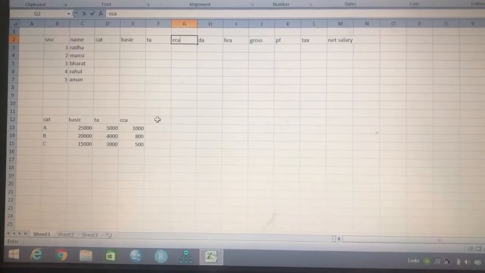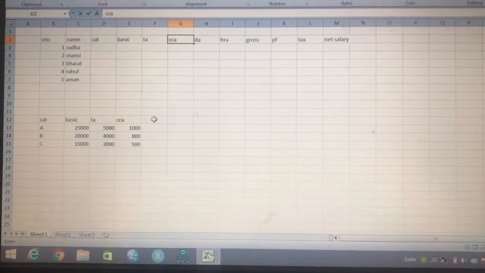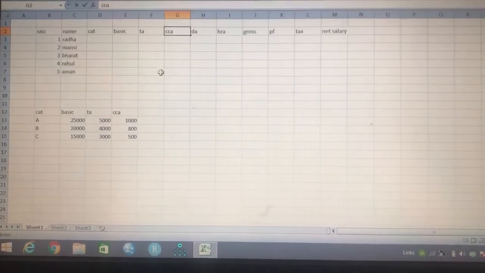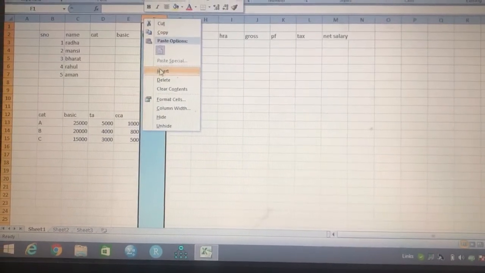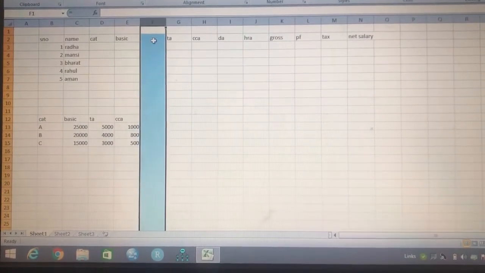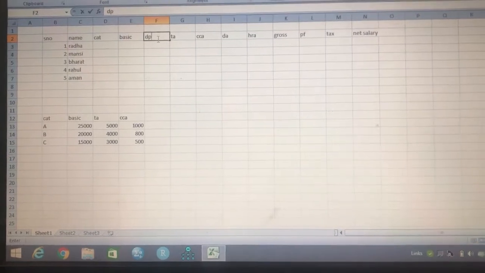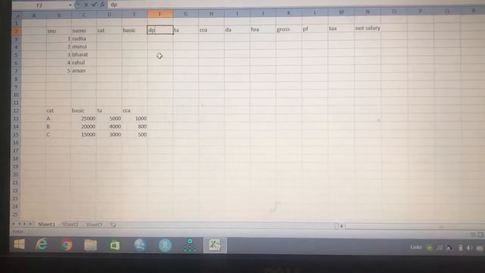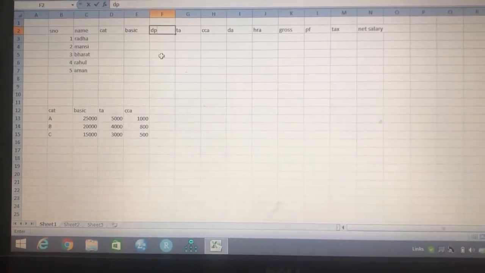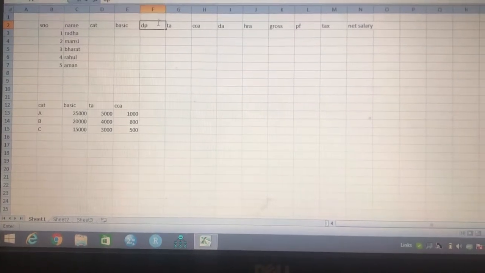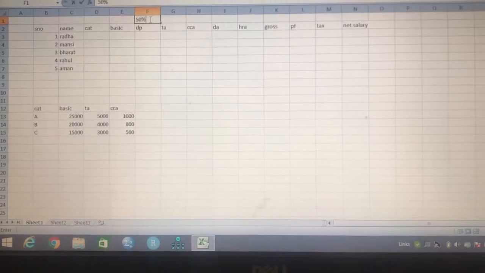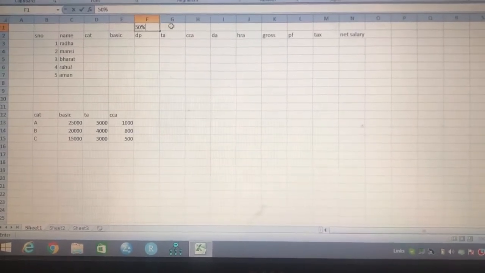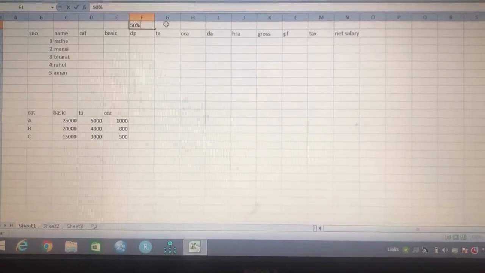Now, as the question says, I need another column here which is DP, so I'll just name it DP. The question says that my DP is 50% of the basic, so I'm just writing the percentages just above the column heading.